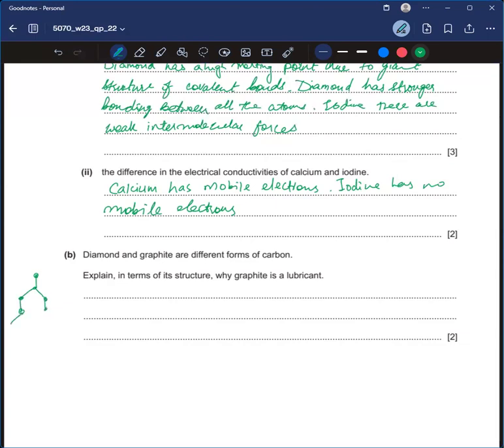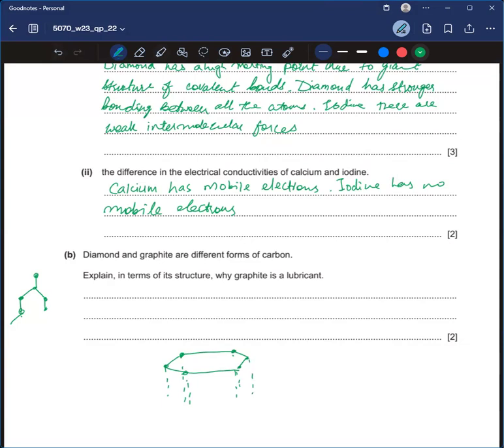However, the structure of graphite is a layered structure. It has layers.